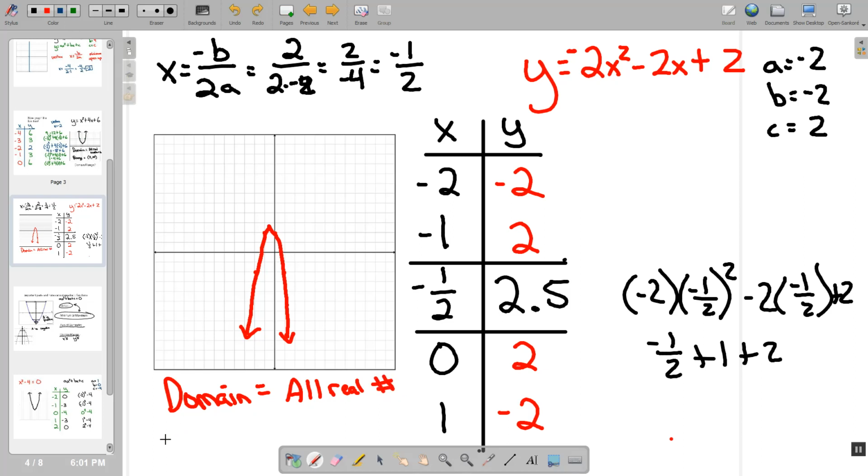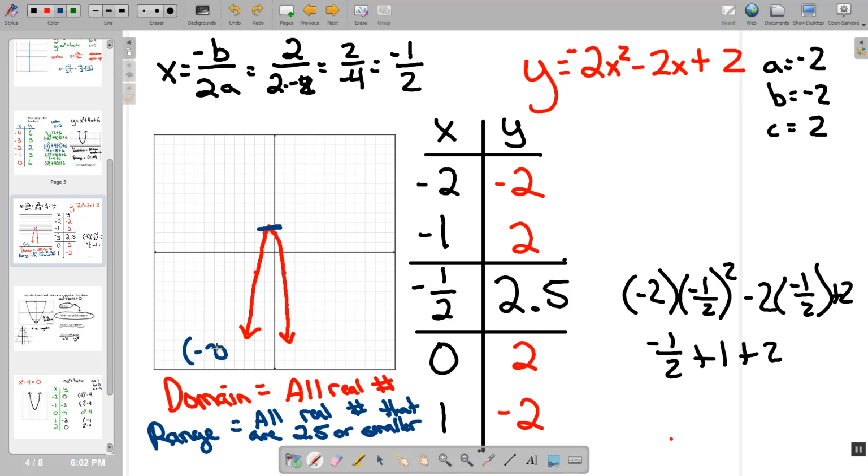But our range is restricted to numbers that are smaller than 2.5, because this is our maximum, which means that it's all real numbers that are 2.5 or smaller. And you could write that once again as, in this case, you would go negative infinity and then positive 2.5 this direction. Okay? Not an easy concept.